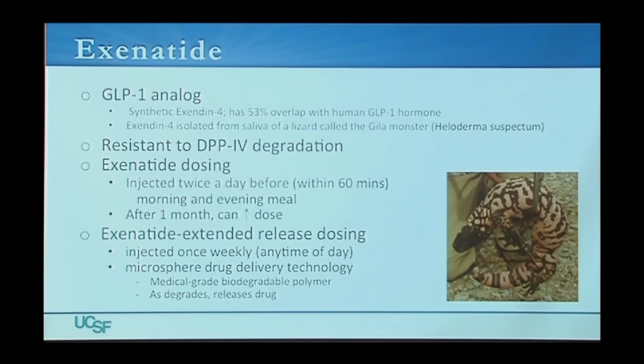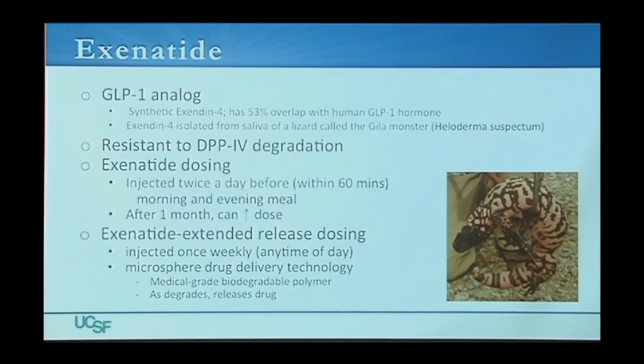So the first one, GLP-1 analog, is exenatide. And this was actually isolated, this protein, from the saliva of a lizard called the Gila monster. And there's a picture of this on the side there. And this is a pretty big lizard, okay, that actually lives underground for most of the year, so has some very interesting metabolic properties.